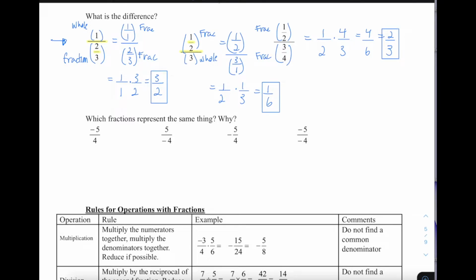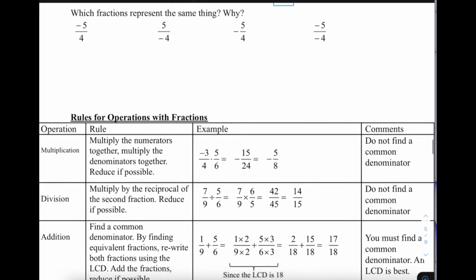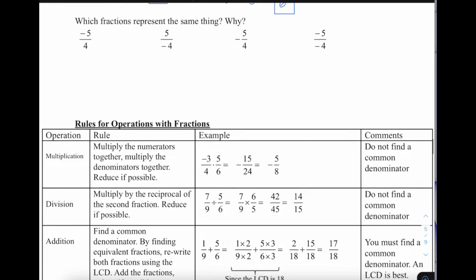One other point before we do a summary of rules for operations with fractions, and that is this topic that is sometimes confusing, which is what to do with negatives, okay? So as I can see, in our first fraction, we have -5 divided by 4. And if I put that into my calculator, I would see that this is -1.25.